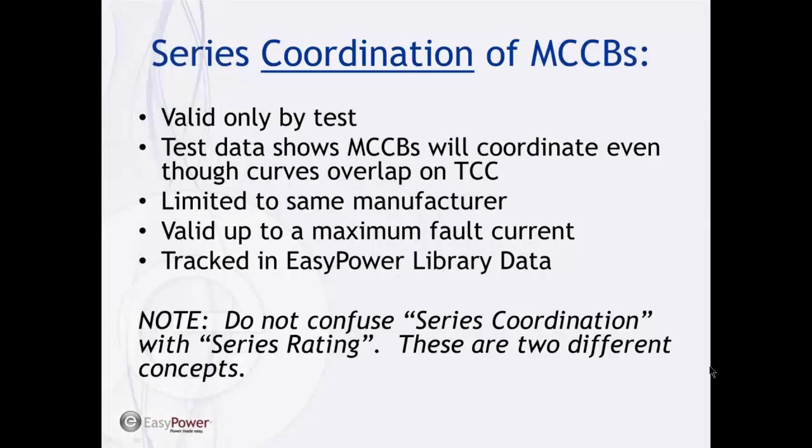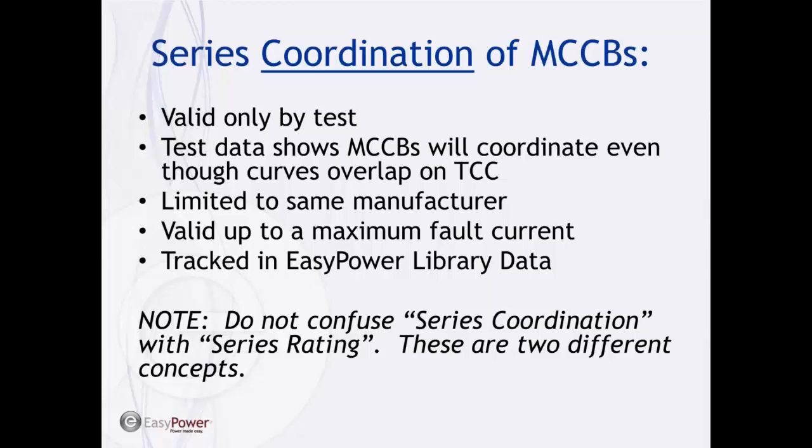So we talk about series coordination of molded case breakers. This is valid only by test, and so when they test it, they will find that the breakers will coordinate even though the curves overlap. And that's going to be limited to certain size ranges. And because the testing is expensive, it's always going to be two breakers from the same manufacturer.